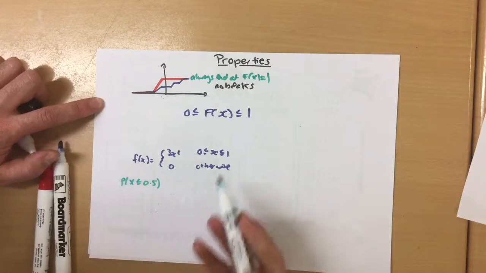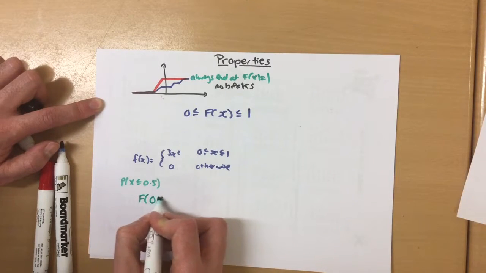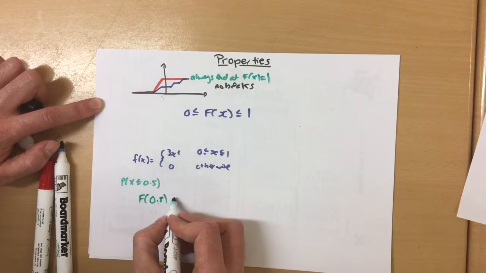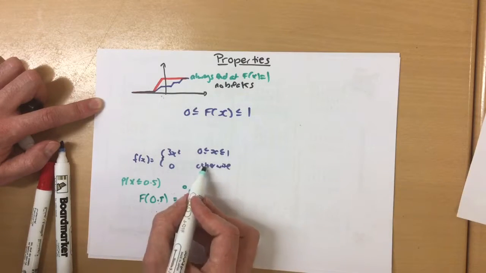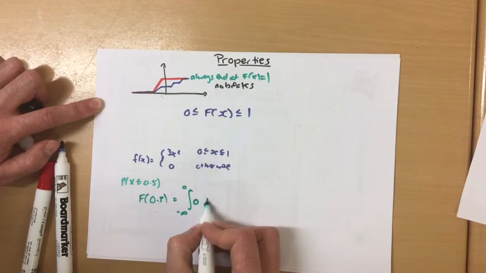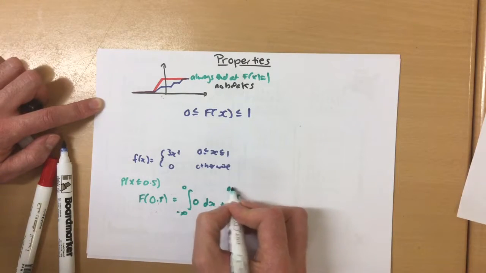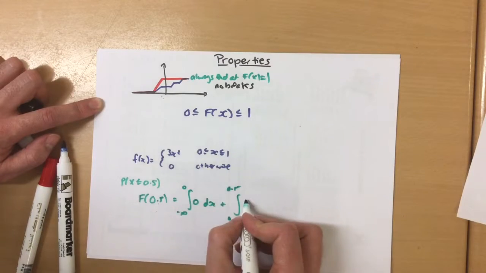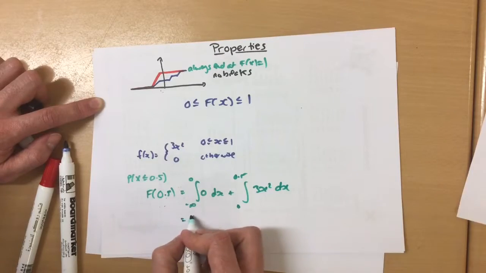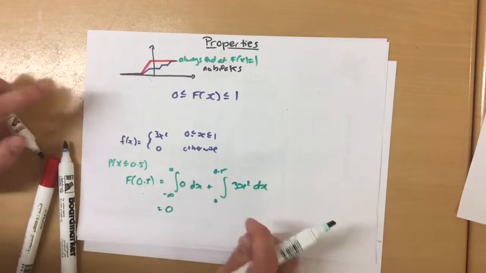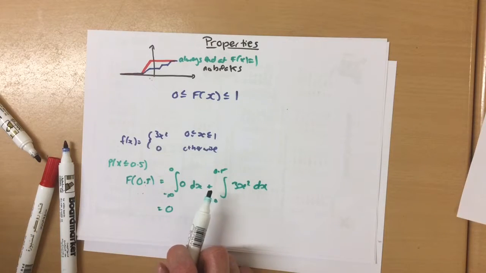If you're trying to find that, we can write this as our cumulative function up to 0.5, and to get that, integrate between -infinity and 0, which is 0 in this case, and add on to that between 0 and 0.5, so this section. So you can go ahead and finish off integrating this and find me the value of the cumulative function at 0.5.